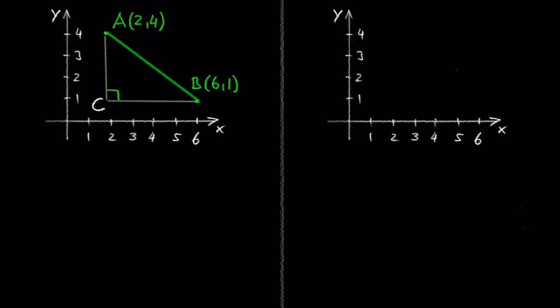But how do we know the length of these 2 sides? Do you have an idea? Feel free to pause the video and think about it. The distance from the y-axis to point B is 6.